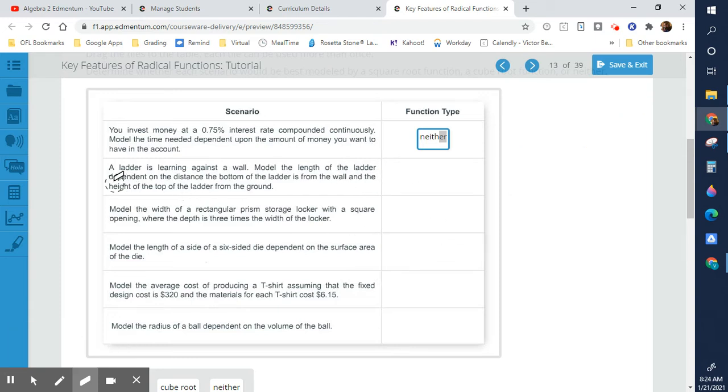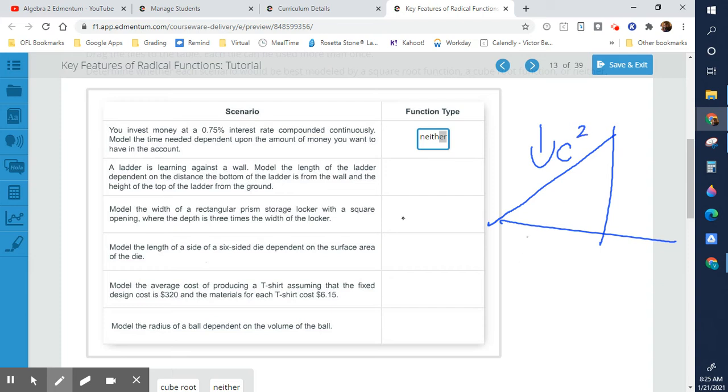All right, so we're looking at this next one. A ladder is leaning against the wall. Okay, so if we have a ladder, here's our wall, here's the floor, here's the ladder. The distance depends on the bottom. It wants us to model the length of the ladder. So in other words, our c squared.